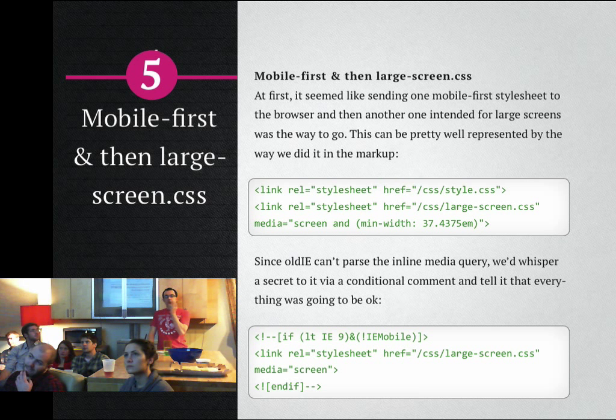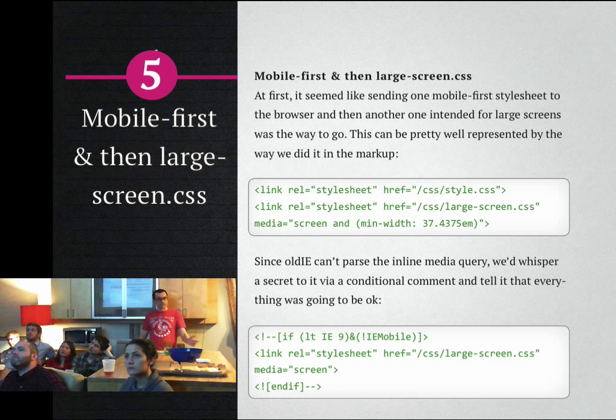About a year ago, when responsive design was fresh on my mind and Sass was pretty new, I was using the same workflow that I had been using for a while, but just making my style sheets more programmatic. What that consisted of is a mobile-first style sheet, and then what I called large screen, for lack of a better term, with a media query right in there.